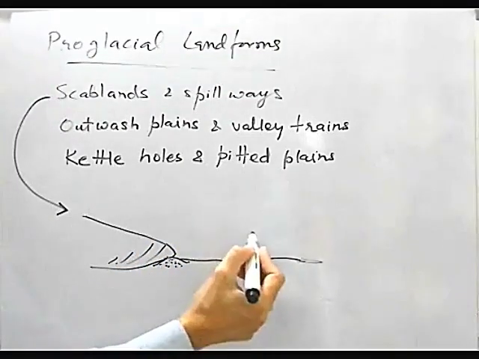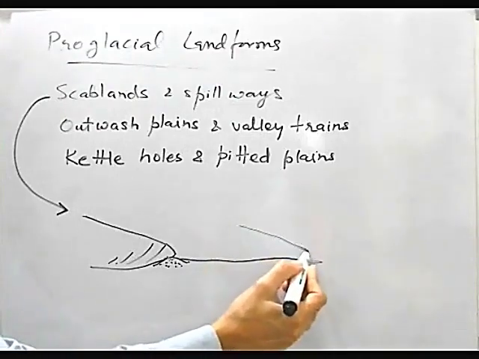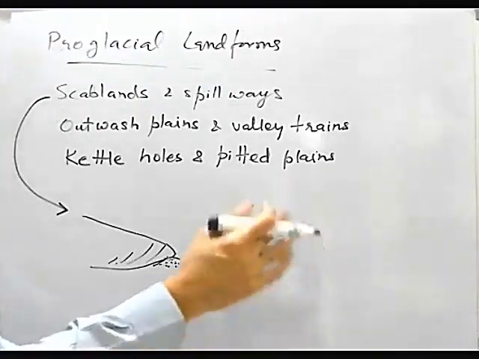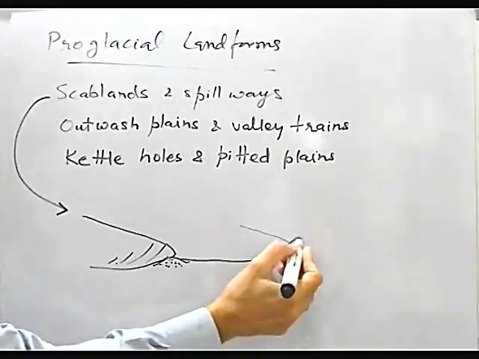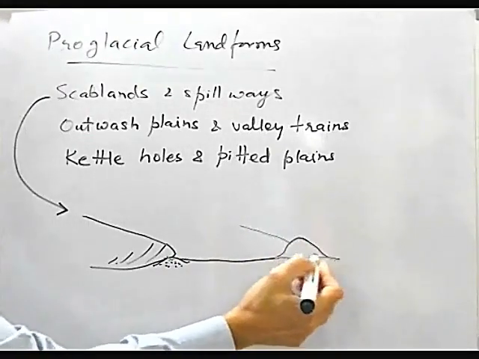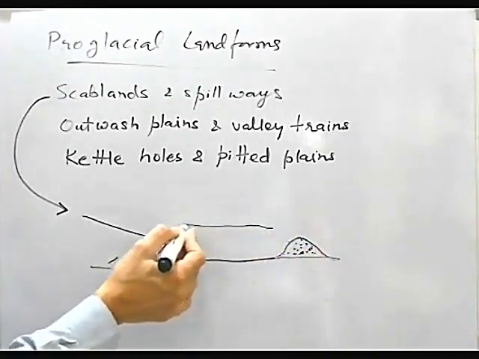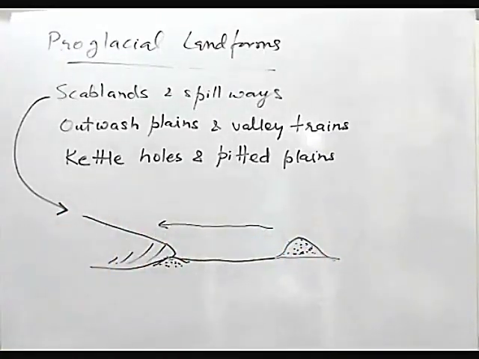Let us say several hundred years ago it was here. Now when this glacial snout was at this location, if it was stabilized at this location, we can expect the formation of a terminal moraine over here. After this stage, the glacier retreated to this present position.